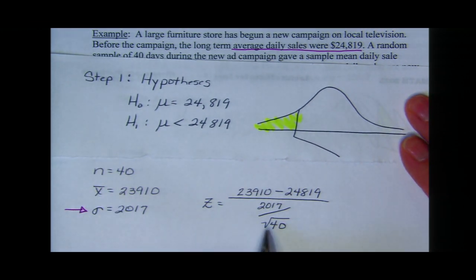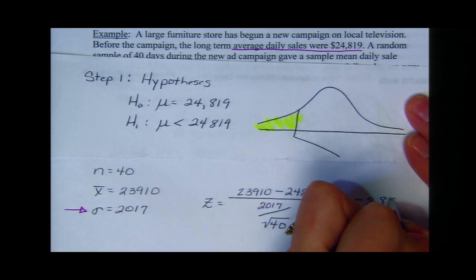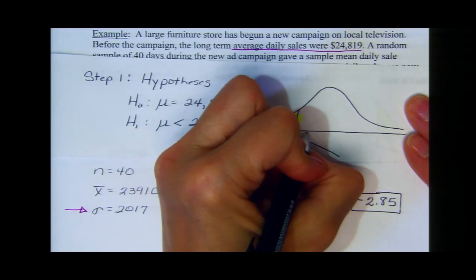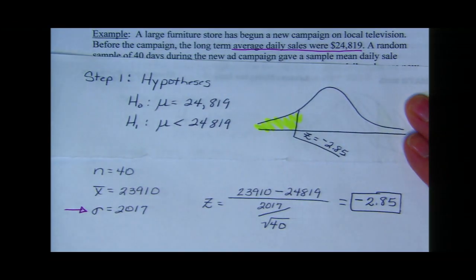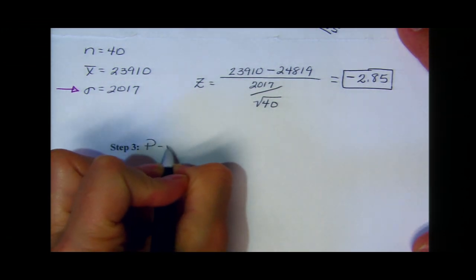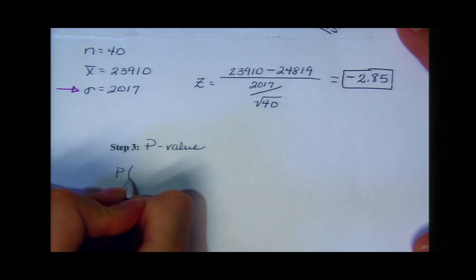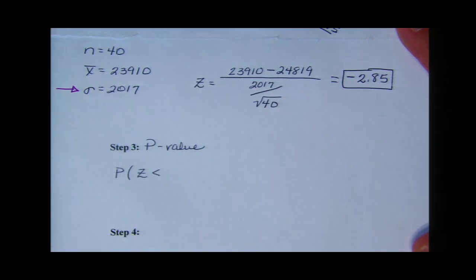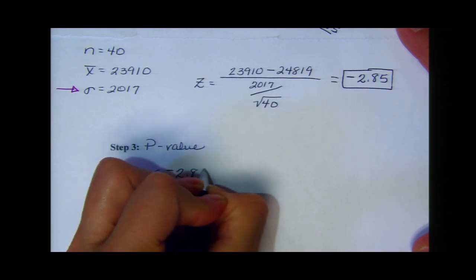So here's step 2, which we calculated to be negative 2.85. That tells me that this z is equal to negative 2.85. So that's what it would look like. So step 3, my p-value is the probability that z, and since the alternate is less than, this has to be less than my test statistic that I calculated, negative 2.85.